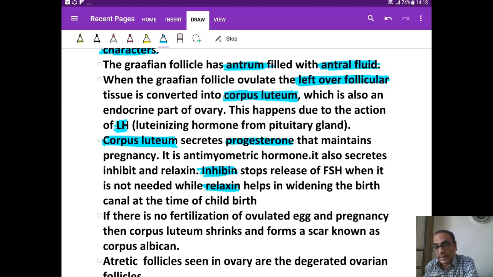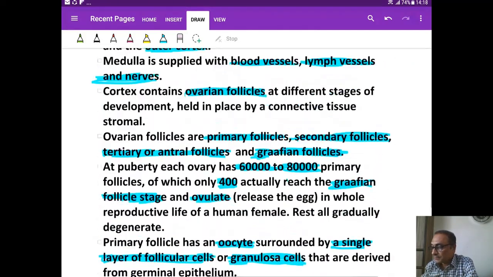And we also noted that the progesterone is the anti-myometric hormone that keeps the wall of the uterus static, don't allow the muscles to undergo contraction, so that the pregnancy is maintained. Okay, let's have a look at the corpus luteum once again.